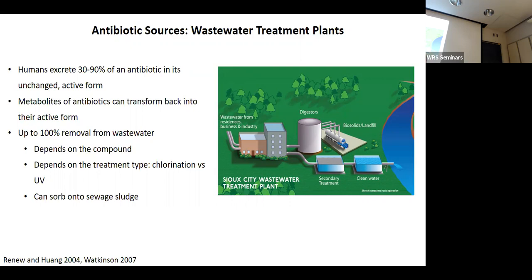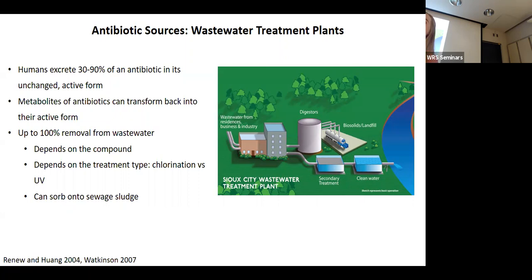But through the wastewater treatment plant process, they can also transform back into their active form. So even if you're only excreting, say, 30% of the active form and you have 60%, say, metabolites, that 60% can reform, depending on the antibiotic, back into the active form. And so you can have a lot greater percentage coming out into this waste stream.